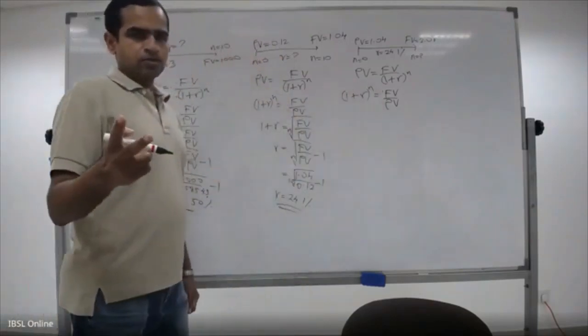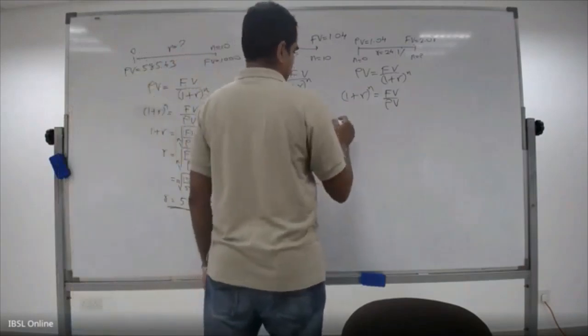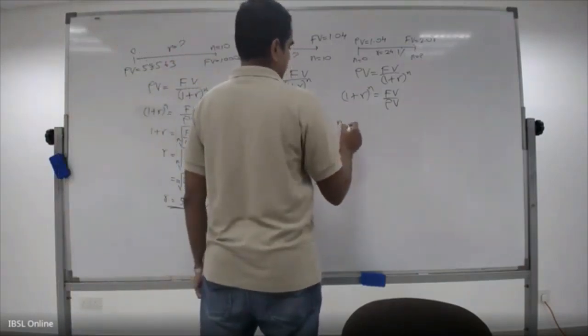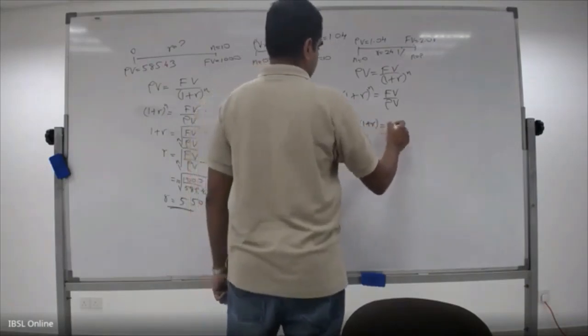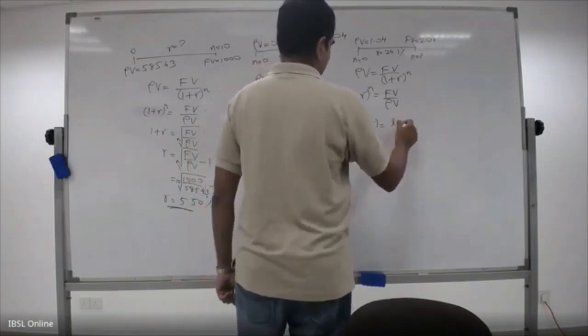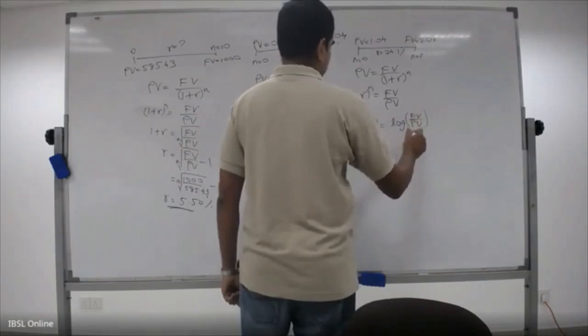What we did in grade 2, you may have forgotten. n times the logarithm of 1 plus r equals the logarithm of future value over present value.